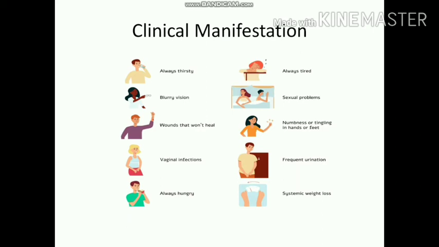And vaginal infections, always hungry, sexual problems, numbness or tingling in the hand or feet, and frequent urination, that is called polyuria, and systemic weight loss. These are the clinical manifestations, or signs and symptoms, of diabetes mellitus.